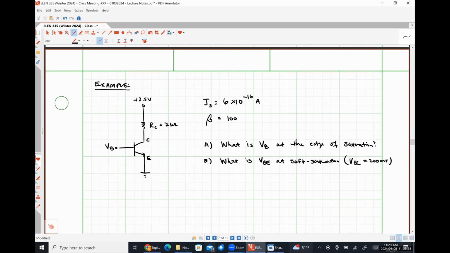So somewhere in the middle of that soft saturation mode. 2 kilo ohms.